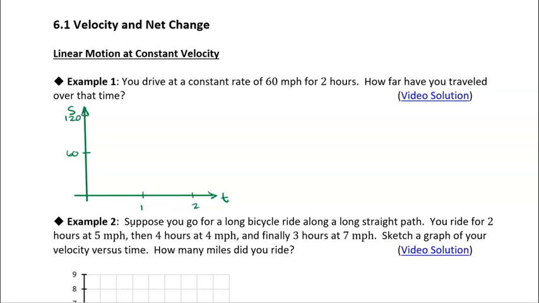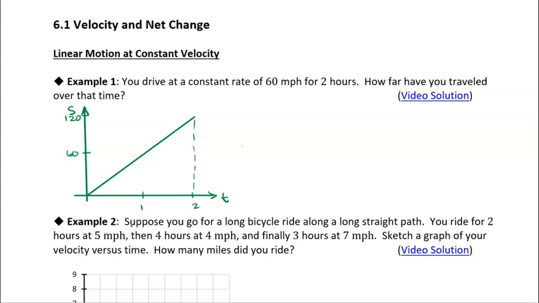And so then we start out and we travel over the first hour, we're at 60 miles, and then we just continue for another hour, and we're at 120 miles by the time we're done.